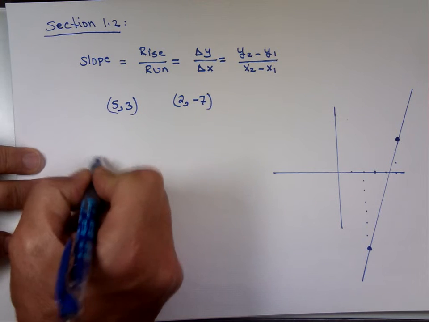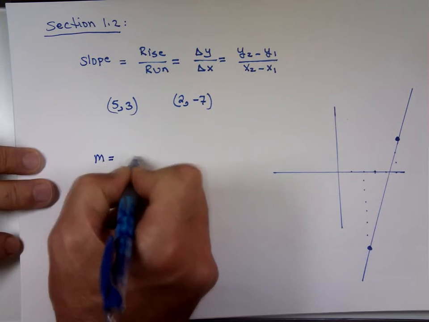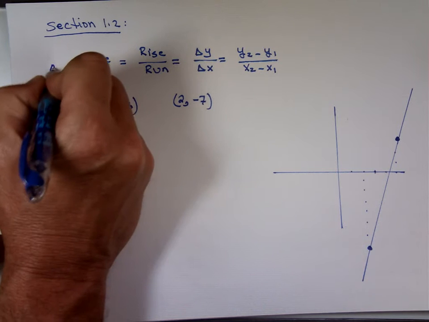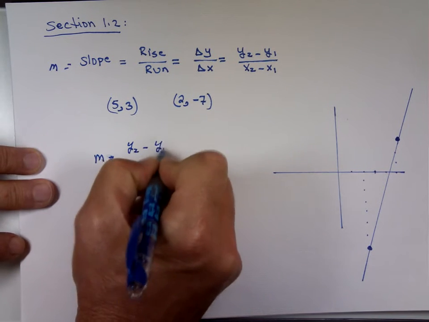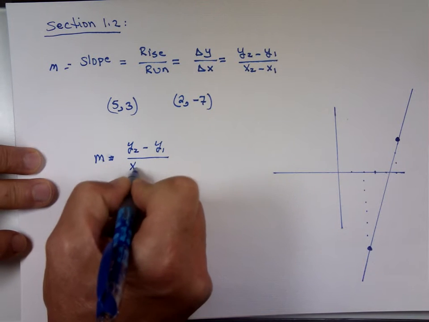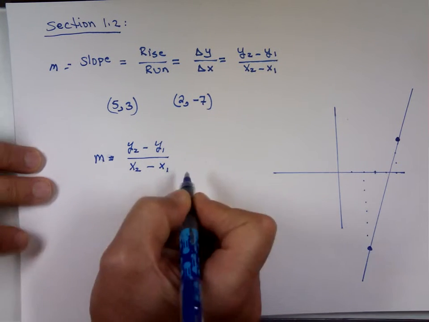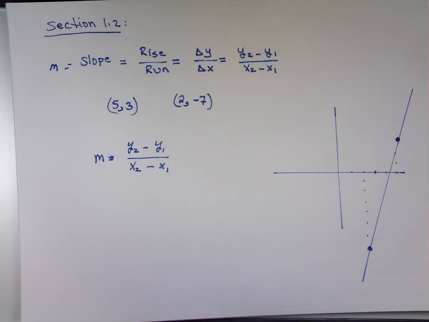So the slope here, m, that's what we use for the slope. It's y sub 2 minus y sub 1 over x sub 2 minus x sub 1. Well, what is y sub 2 and what is y sub 1? You have 2 points there. It doesn't matter which one you call point 1, which one you call point 2.